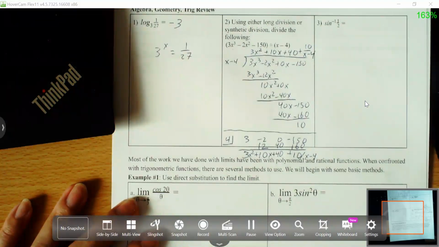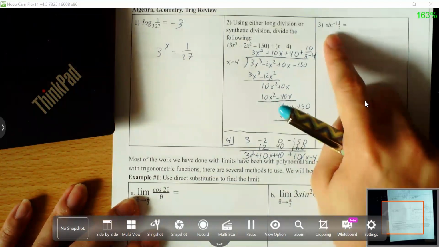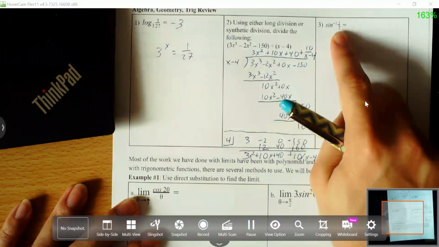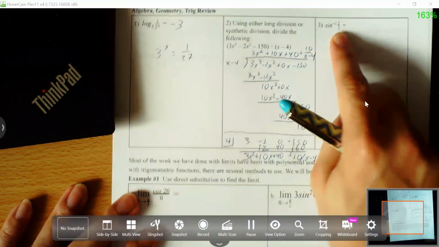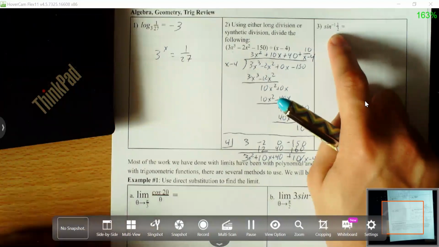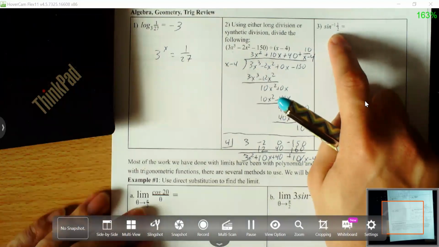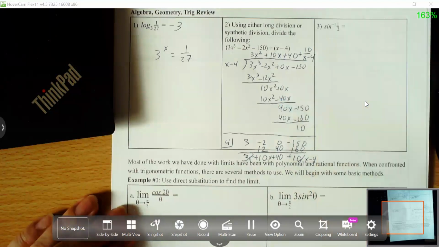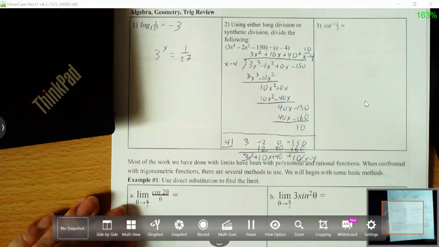Number 3, this is the inverse trig. Remember what this is asking you is what angle has a sine of 1/2, right? And remember that if you're dealing with inverse sine, you're only dealing with quadrants 4 and 1. So we're in quadrant 1 since it's positive. So what angle has a sine of 1/2?